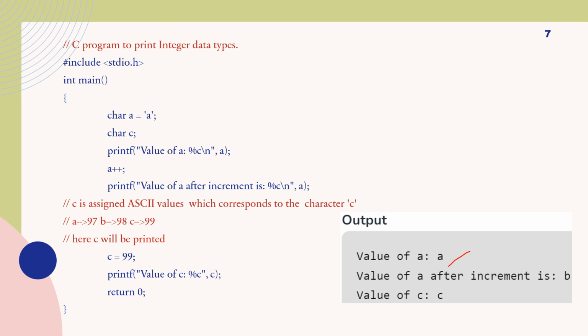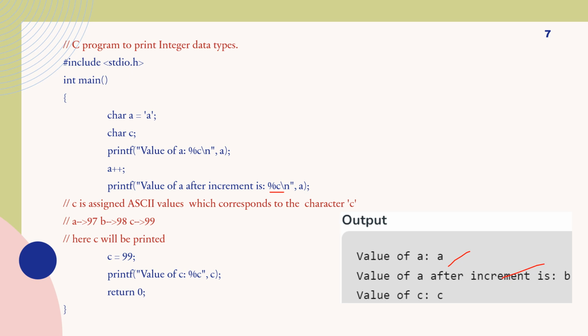and the next line is incrementing a. That means what is next after the alphabet a? It is b. So after the increment, it will print the character b here. And you can even assign the ASCII values corresponding to the character.